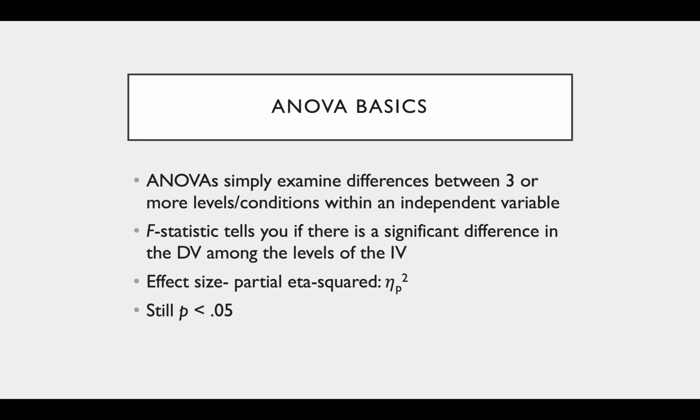You, of course, have to do post hoc tests, like a Bonferroni test, to see where exactly those differences are. The effect size that we use is the partial eta squared, and significant, in psychology terms, would be a p less than 0.05.